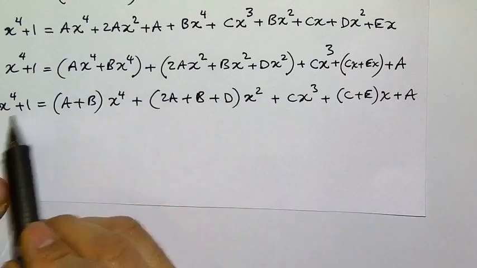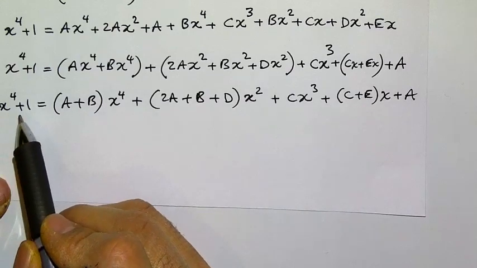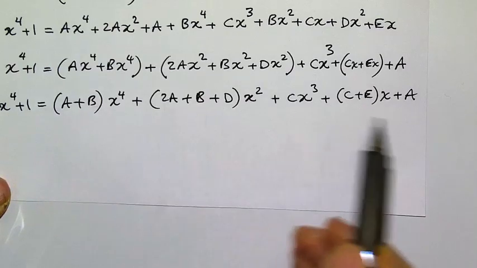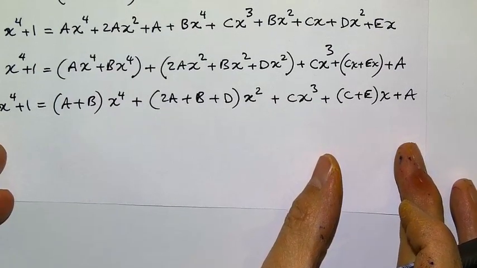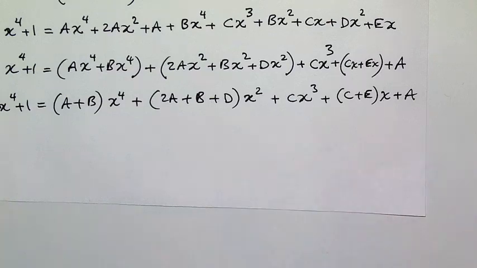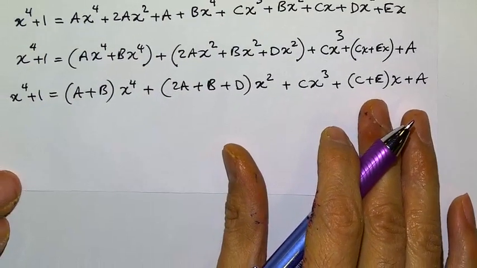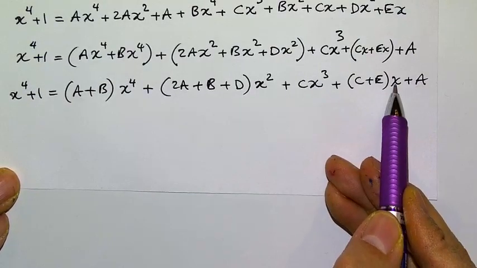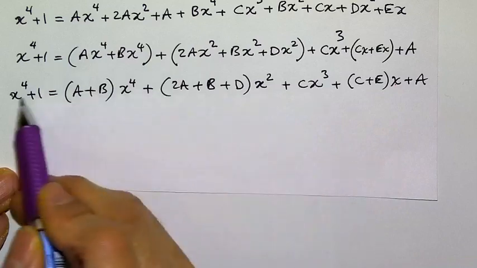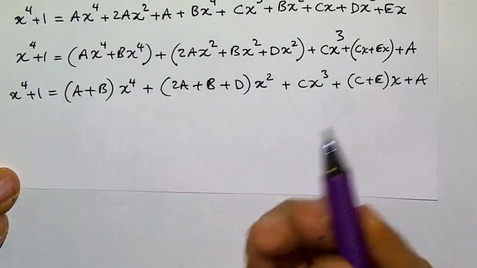So on both sides, if you substitute for x with 0, what happens? You get 1 equals a. That's great because we can right away solve for a without setting up any system. So that's good. Let's take advantage of that. And again, this happens because we have just one constant term. So put 0 for x on both sides. They cancel out. You end up with a equals 1.